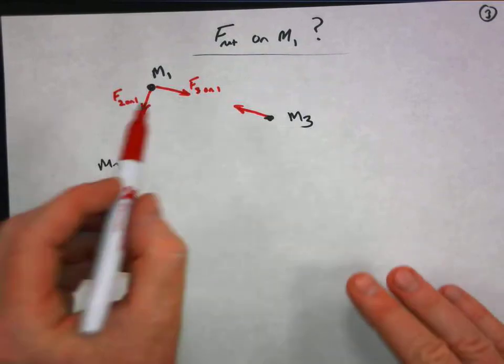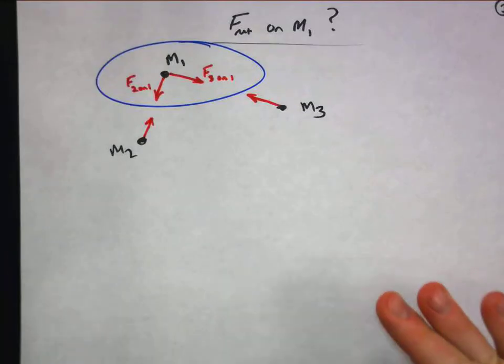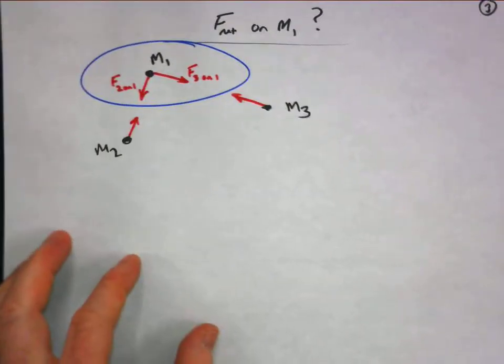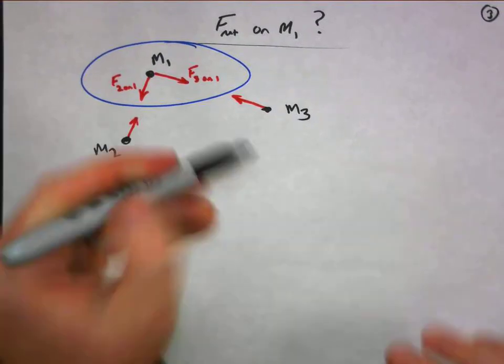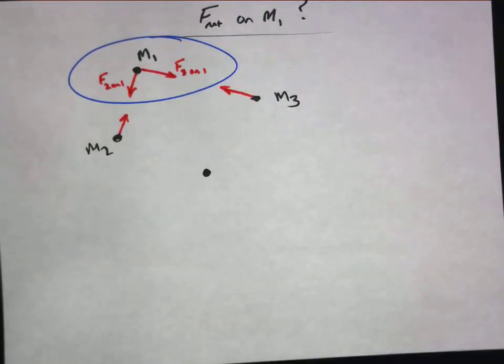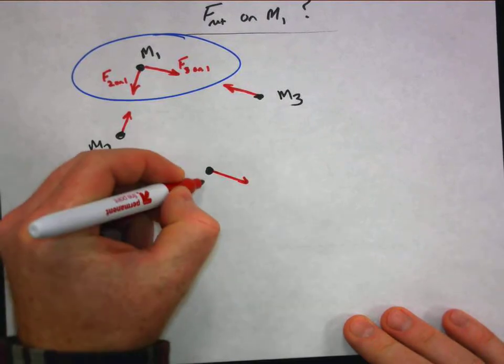And all we have to do now is take a look at that object by itself and say, well, there are two forces acting on it. What is the vector sum of those two forces? I can sort of visually show this. I'm going to have a force this way, and a force this way.